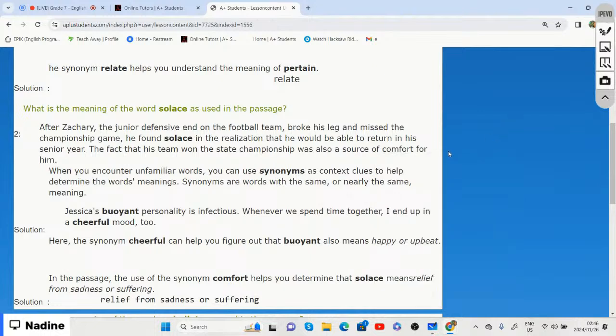All right. So we said that comfort is a synonym or the same as solace. And solace means to relieve sadness or even to relieve suffering, right?